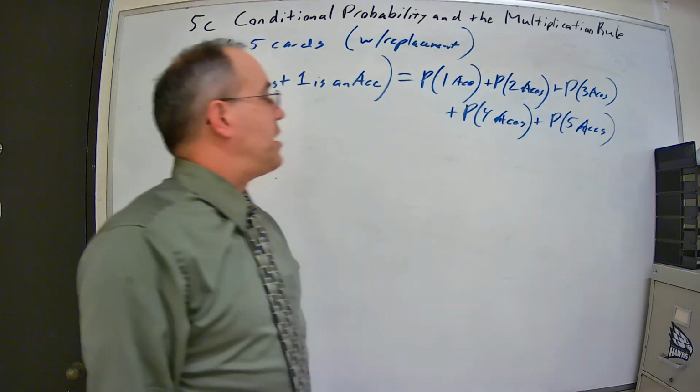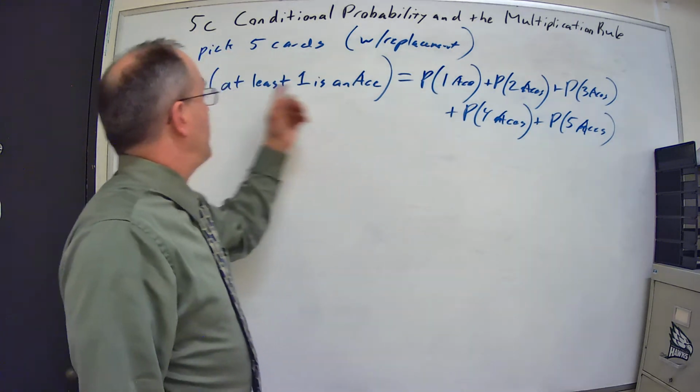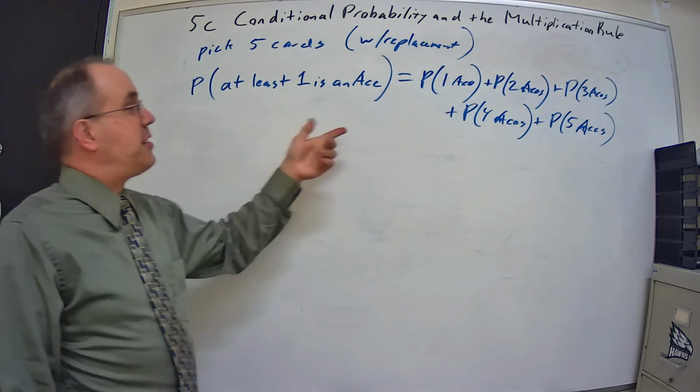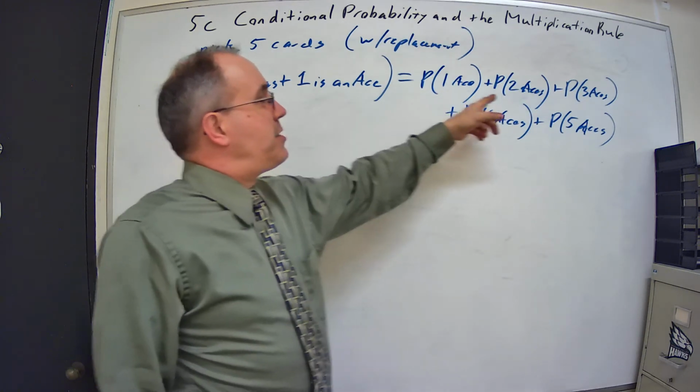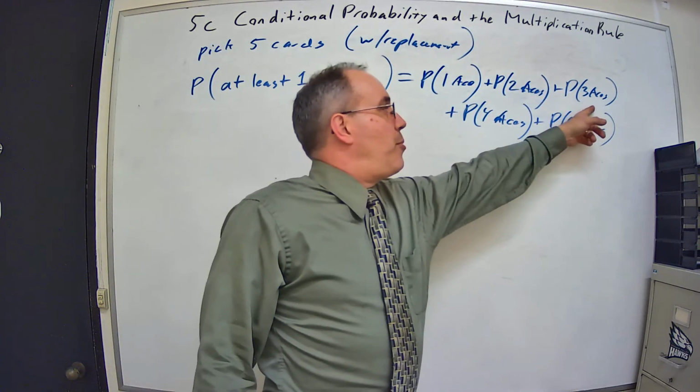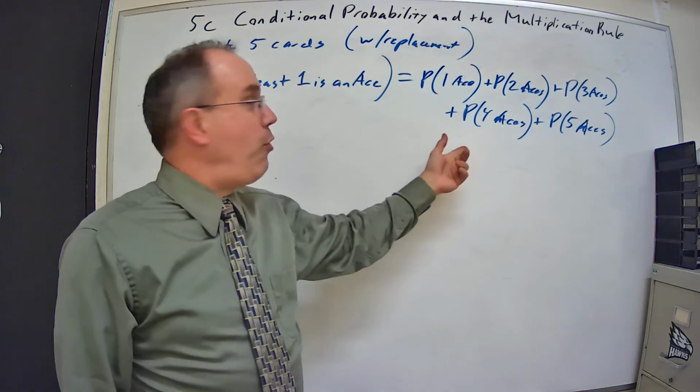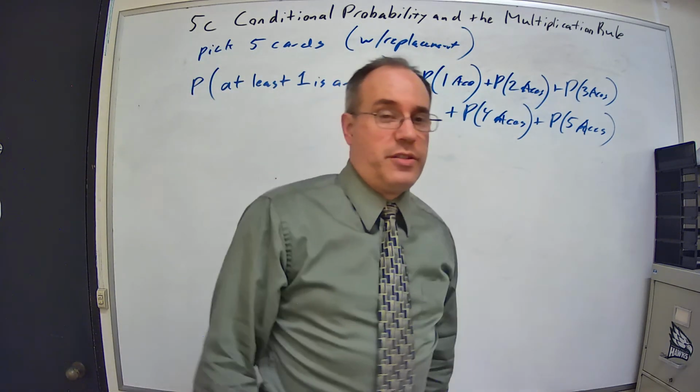For consistency's sake, okay? The probability that I get at least 1 ace is the probability that I get 1 ace, plus the probability I get 2 aces, plus the probability I get 3 aces, plus the probability I get 4 aces, plus the probability I get 5 aces.